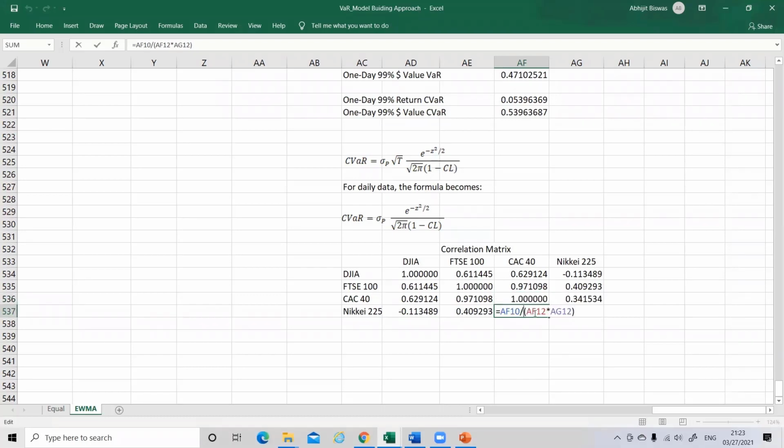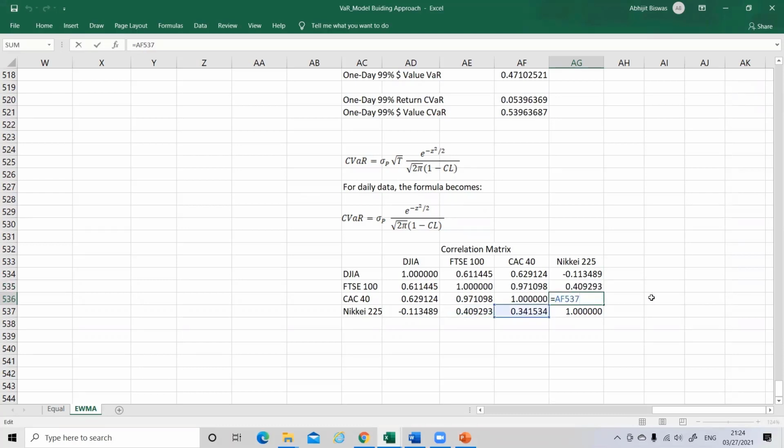Next, it's the correlation between CSE and Nikkei. So it should be equal to AF10 by AF12 into AG12. In the Nikkei column, this is already done. So just type equals AD537. Already done, just type equals AE537.